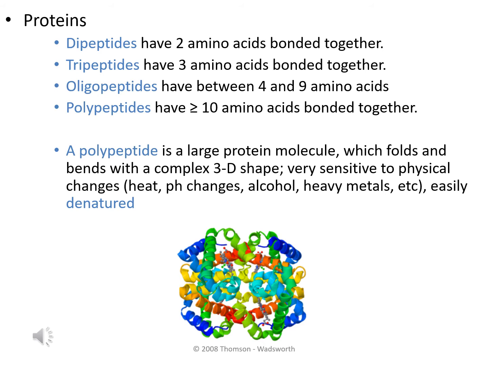Because of this complicated structure, however, many polypeptides are very sensitive to physical or environmental changes. These changes can alter the overall stability of the polypeptide, leading to a process which is known as denaturation.